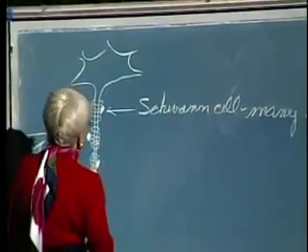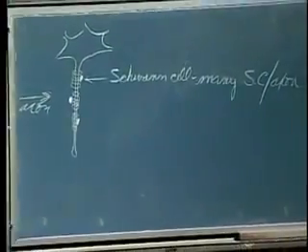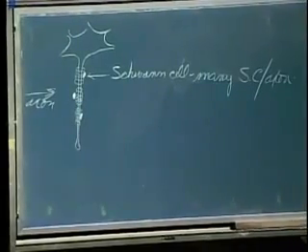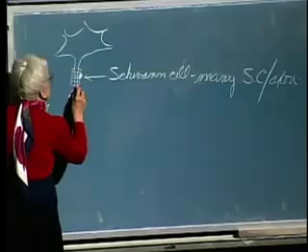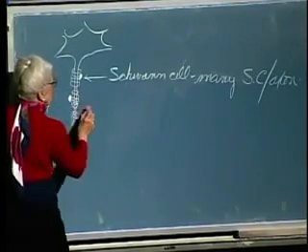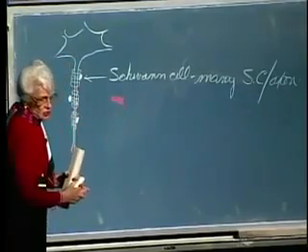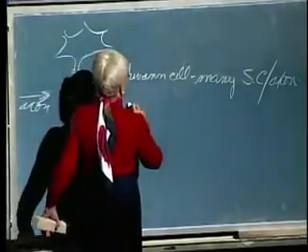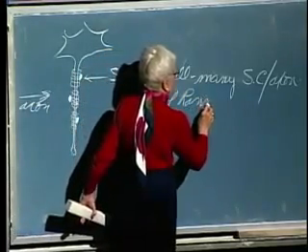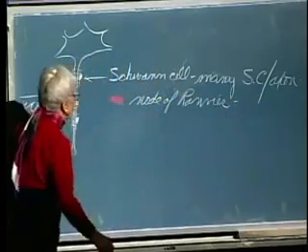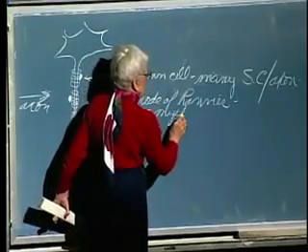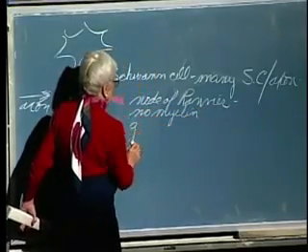Now the distance between the Schwann cells is a very important area. On the nerve fiber here, this distance which has no myelin is referred to as the node of Ranvier. And there's no myelin. It's just the gap between myelin cells.